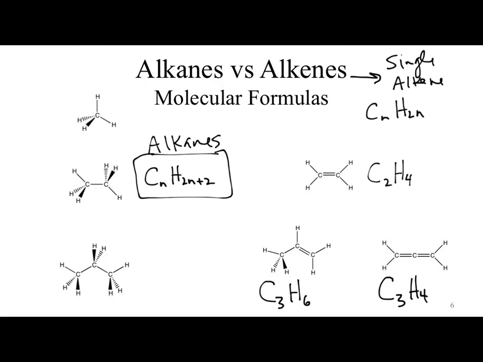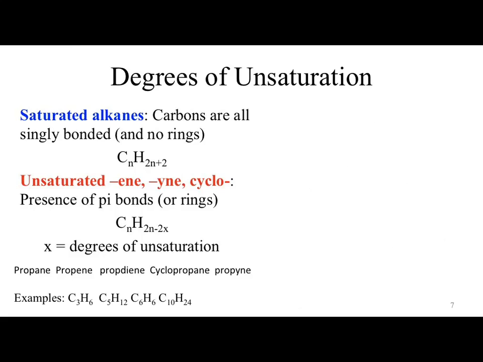What happens as we add more double bonds to our overall structure, though? As we continue to add double bonds, we continue to lose hydrogens. So we can start to propagate this into a different series of formulas. Someone mathematically inclined looked at these patterns and was able to come up with some different systems. So if we look at saturated alkanes, completely saturated, the carbons are all sp3 hybridized, and no rings.